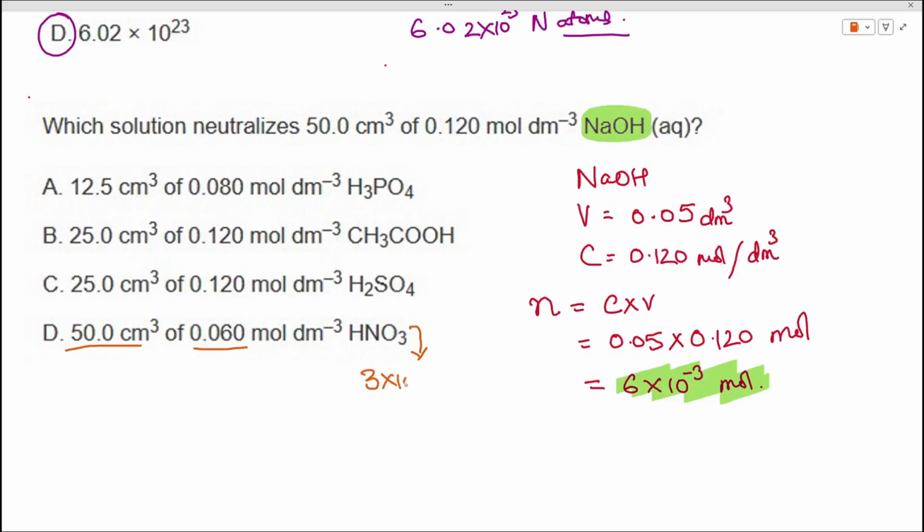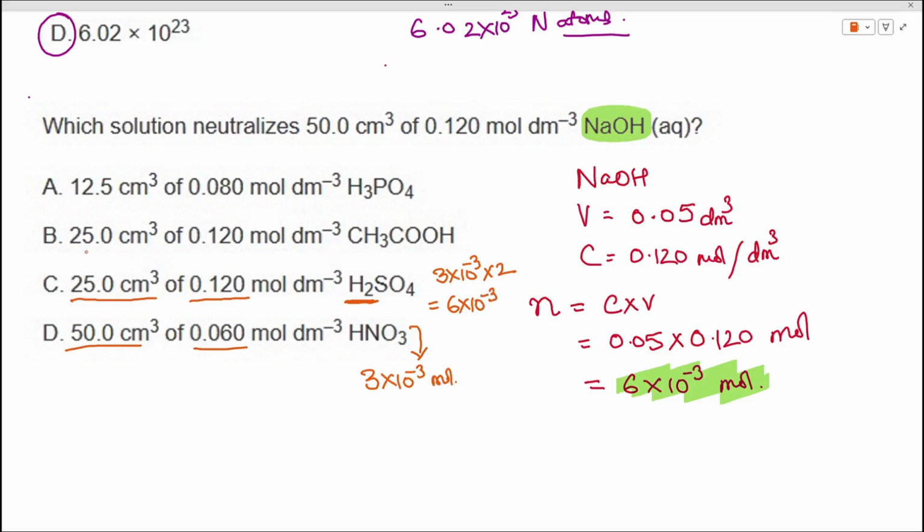Now, if we multiply this concentration and volume, we get 3 times 10 to the power of -3, but the number of hydrogen ions produced to neutralize NaOH will be double. We can see clearly over here. So the H positive ions will be double of it, which is going to be 6 times 10 to the power of -3.